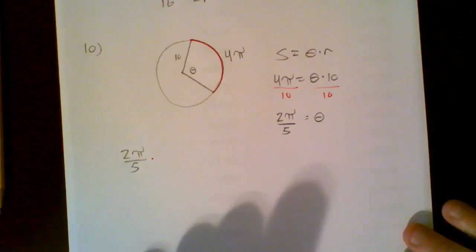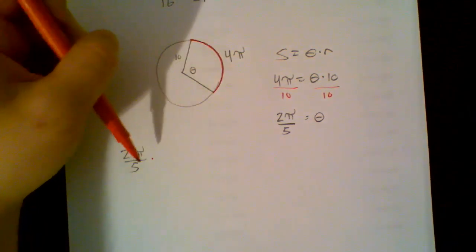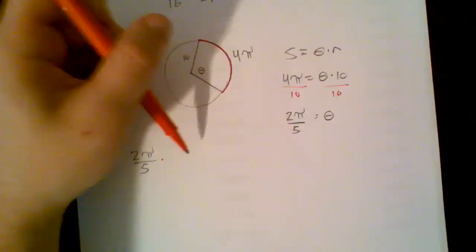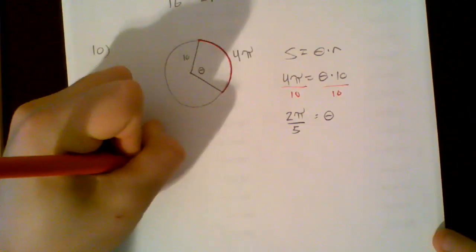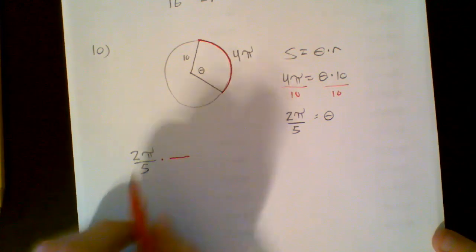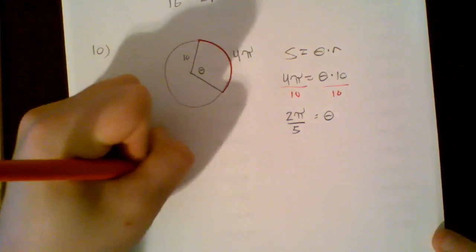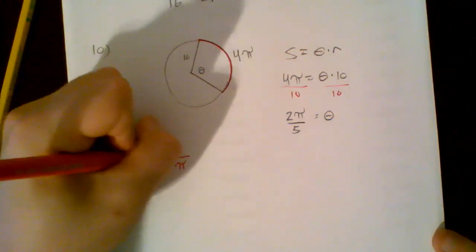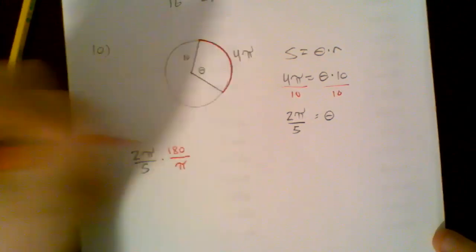So kind of using that idea. Since we're going from radians to degrees, we need our radian units to cancel. Since we have a radian unit on top here, if we wanted to cancel the radian unit, that would have to go on bottom. So going from radians to degrees, put your degrees on top.